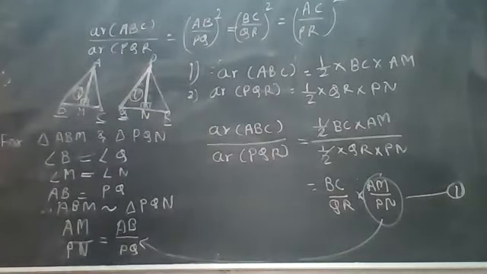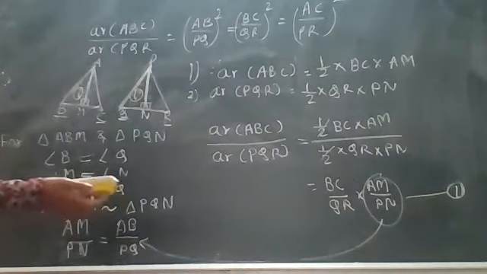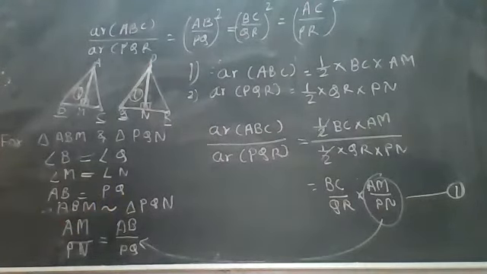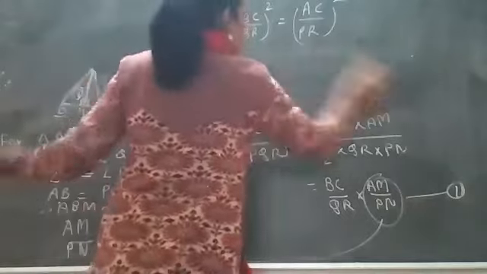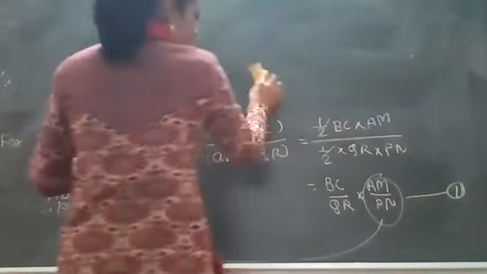Right? So now which triangle are we going to consider? Now what can I erase? This one is clear to everyone? Yes, ma'am. So I am going to erase the upper part. Okay? This I am going to erase.